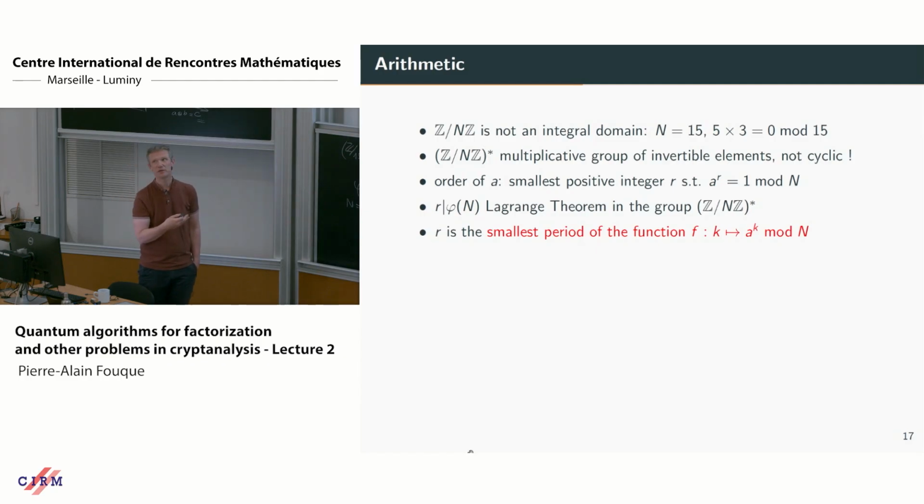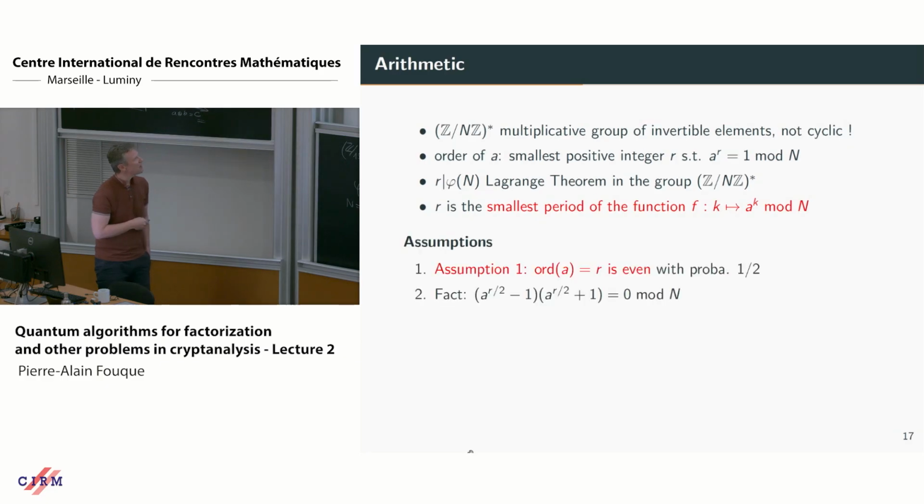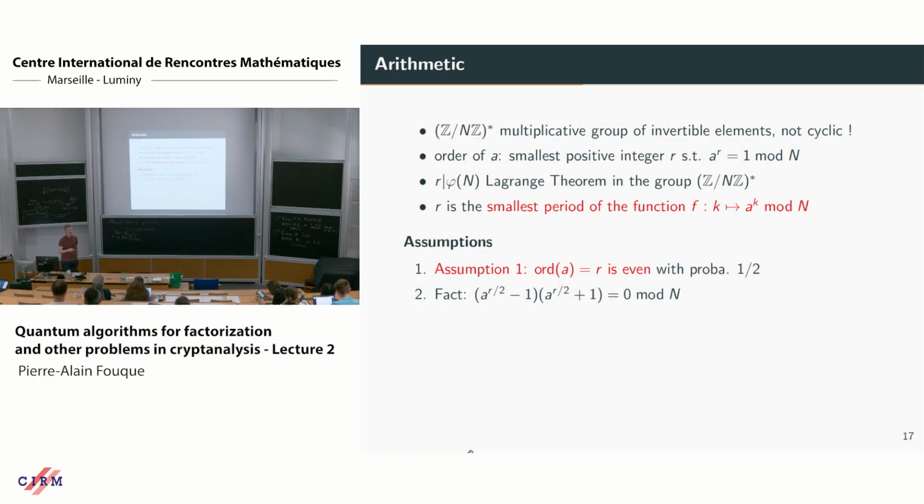Our goal is to find this period, because as soon as you have found an even order for some element, you will, with high probability, be able to factorize. If a is of even order, which will be the case with probability 1/2, I will not go into the detail, but feel free to ask questions.